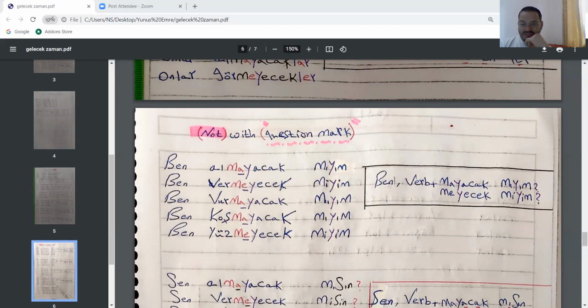The negation here comes after the base form of the verb, then the question mark and the protective letter plus the verb to be of n is delta n. Like that: almayacak mıyım, vurmayacak mıyım, vermeyecek miyim, vurmayacak mıyım, koşmayacak mıyım, yüzmeyecek miyim?